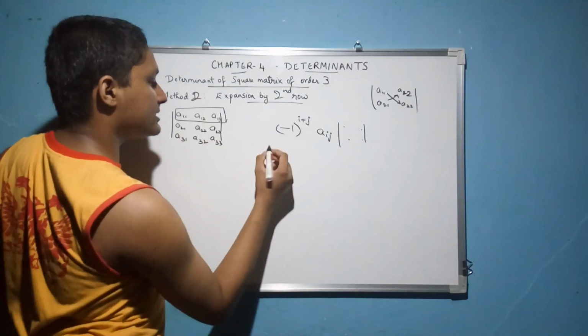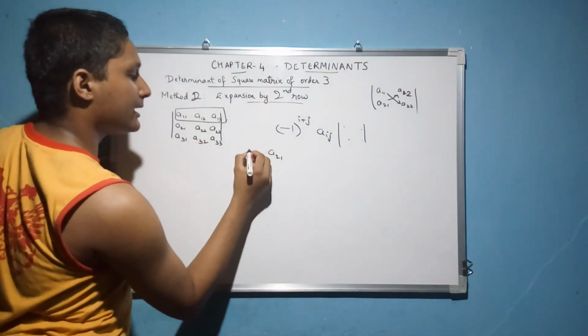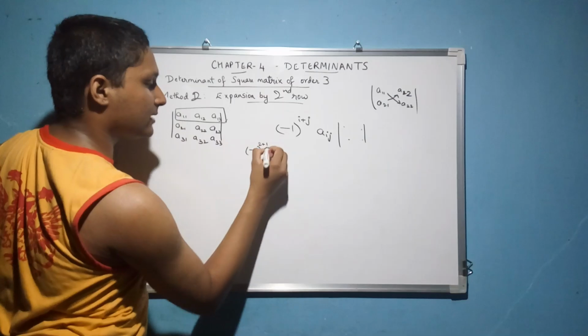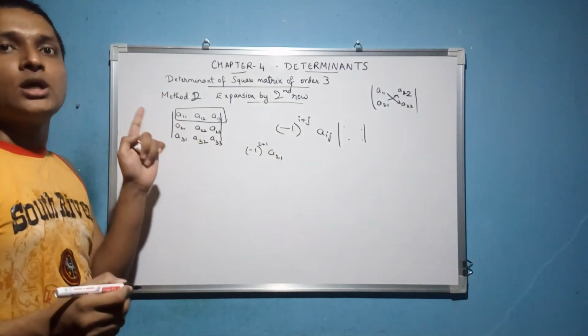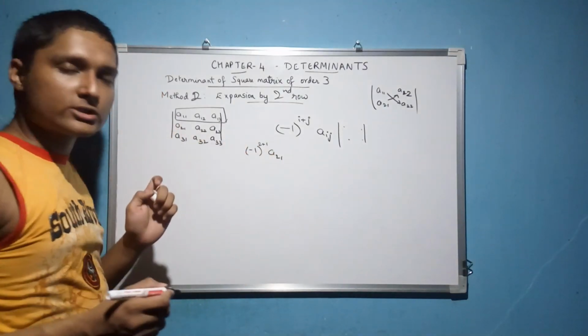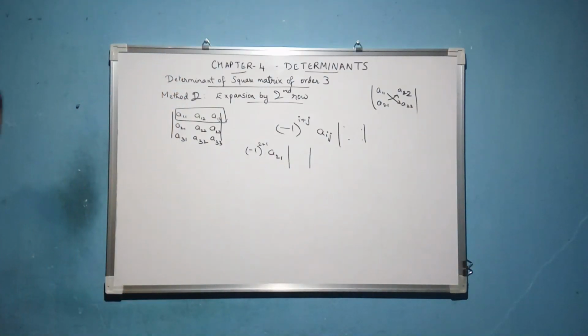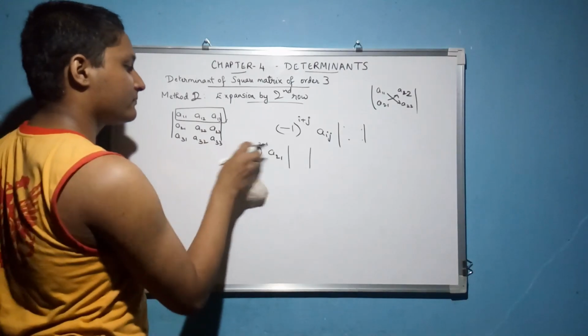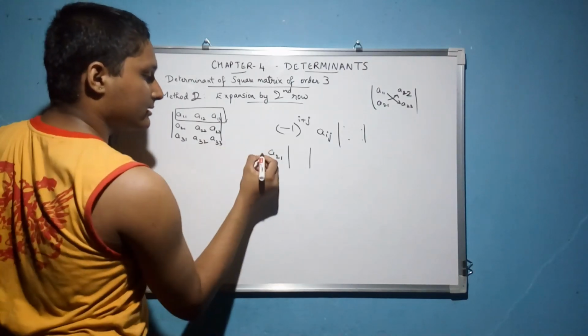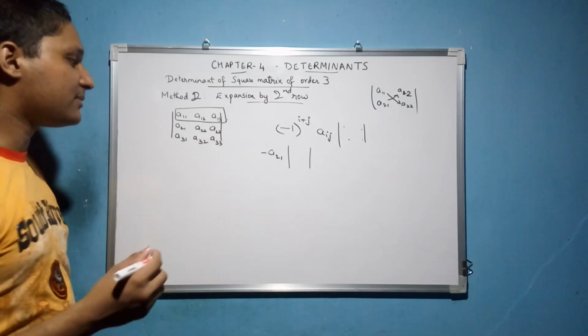Okay, we'll go to the second row. So the first term is A21 and minus 1 whole raised to 2 plus 1. 2 plus 1 is going to be 3. So minus 1 whole cube is going to be minus 1. So I'll just remove all the things and write one minus sign over there. I hope you can understand, because I have done it in the previous one also.